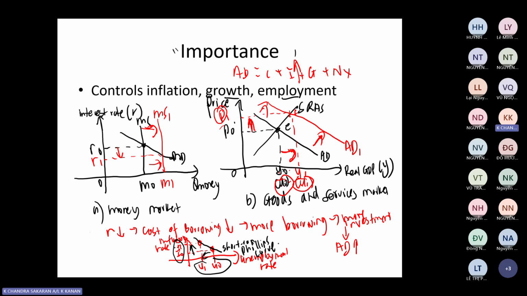In theory, when the policy is used, for example expansionary monetary policy, it is to create more jobs and more growth. The importance of the policy is to control inflation, that is price stability, and economic stability, that is growth and employment. In this example, the policy is meant to show better growth and better employment.